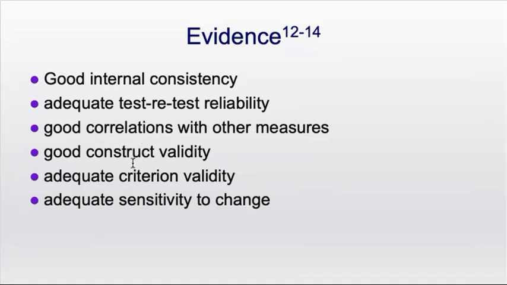And so, believe it or not, the SF-36 isn't the longest health outcome measure, so it does match up quite well to gold standard measures. And then it's also adequate to change. So it's got an adequate sensitivity to change, meaning if there's change in the individual, the SF-36 will pick it up.